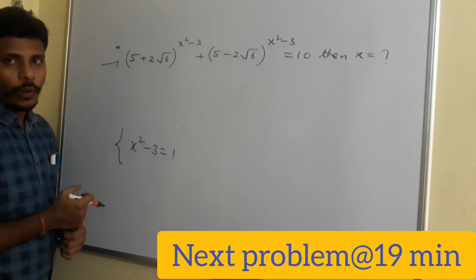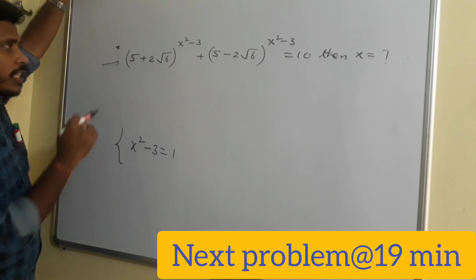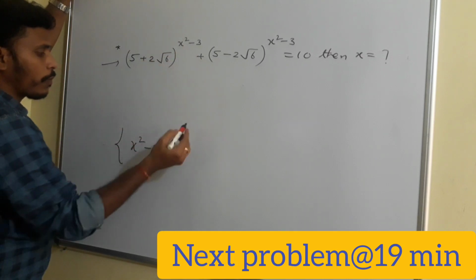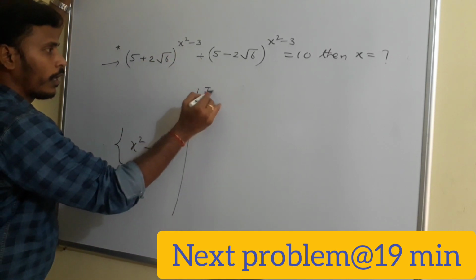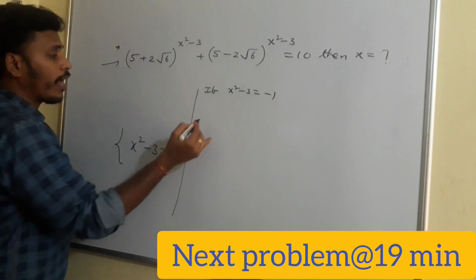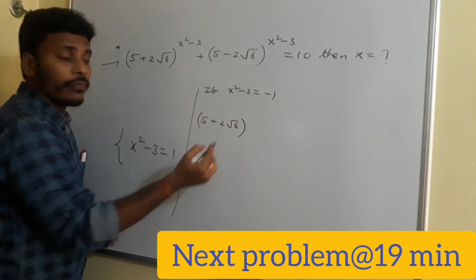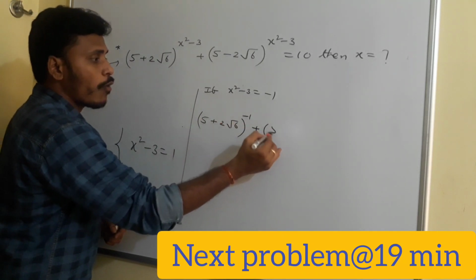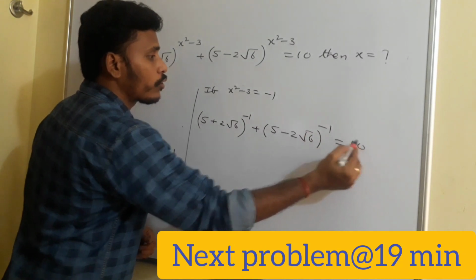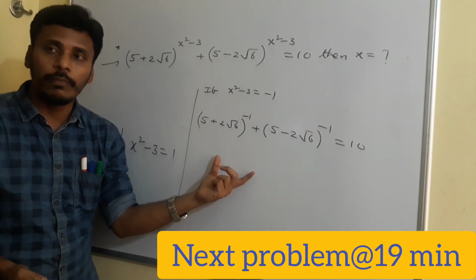Since the product is 1, suppose x square minus 3 is minus 1. Then how will the problem become? 5 plus 2 root 6 to the power minus 1 plus 5 minus 2 root 6 to the power minus 1 is equal to 10. If x square minus 3 is minus 1, then the problem will be like this.